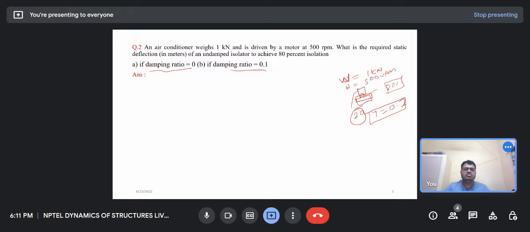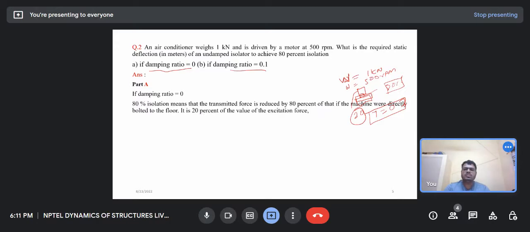Damping is 0. So if the damping is 0, what would be your transmissibility? This is the same I have told you: 80% of the response is reduced, so how much is retained? 20%. So ft divided by f naught is 0.2, which is the transmissibility. For an undamped isolator, which means damping is 0, the transmissibility reduces to this.